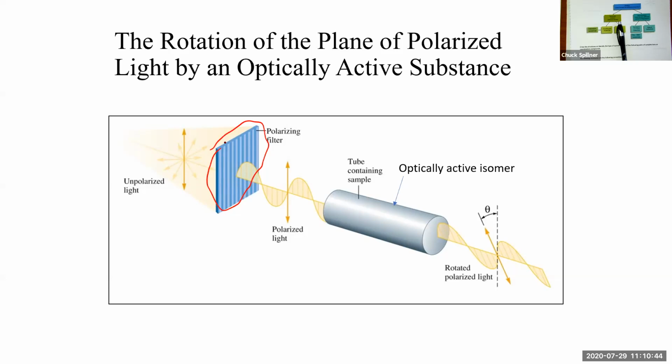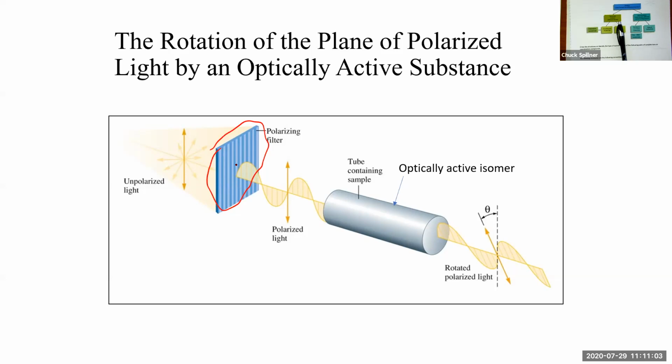It's a really fine grating, with spacing of the same order as the wavelength of the light. So it only allows light through in one plane.